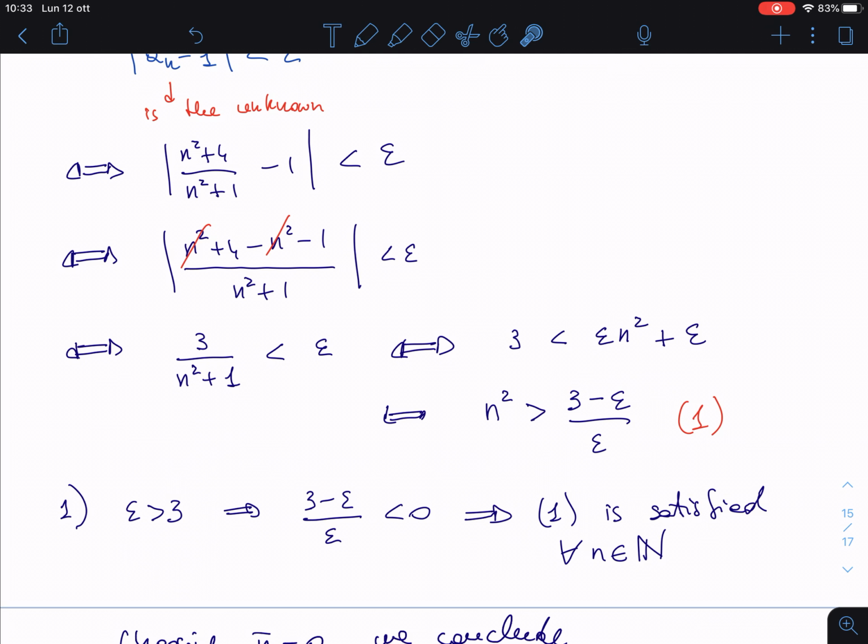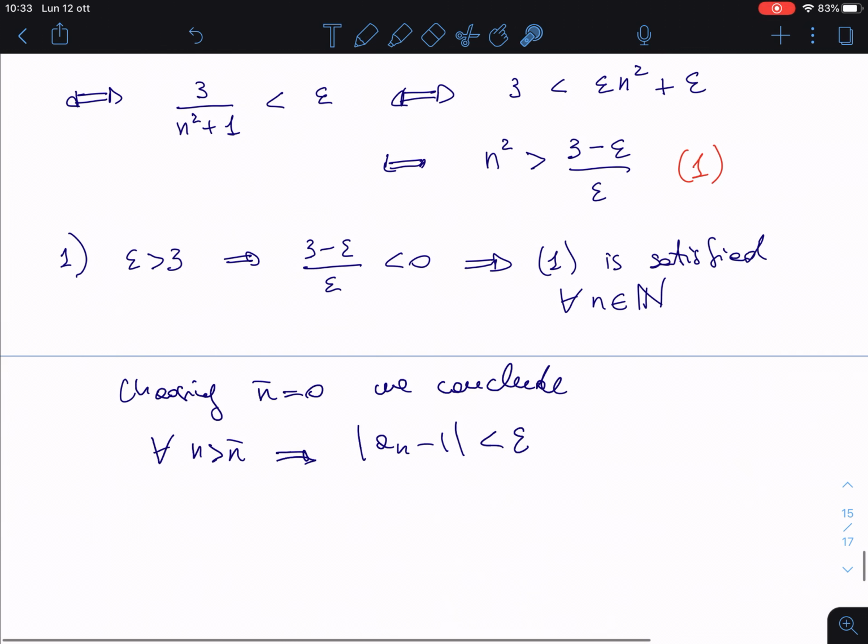Let us go to the second case, which is epsilon less or equal than 3. Of course, epsilon must always be positive.